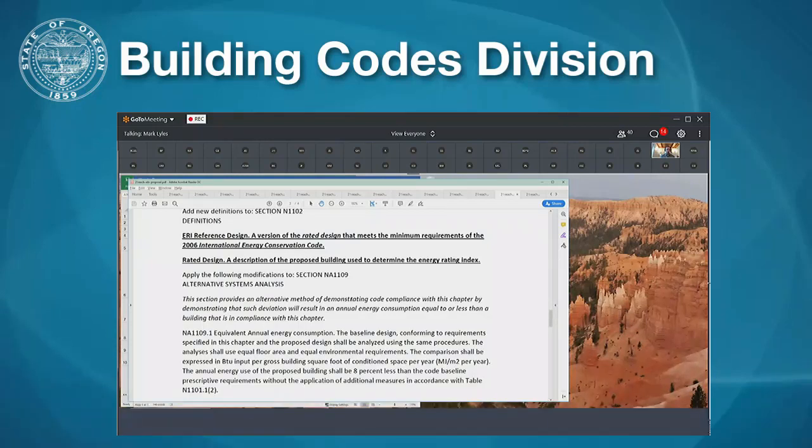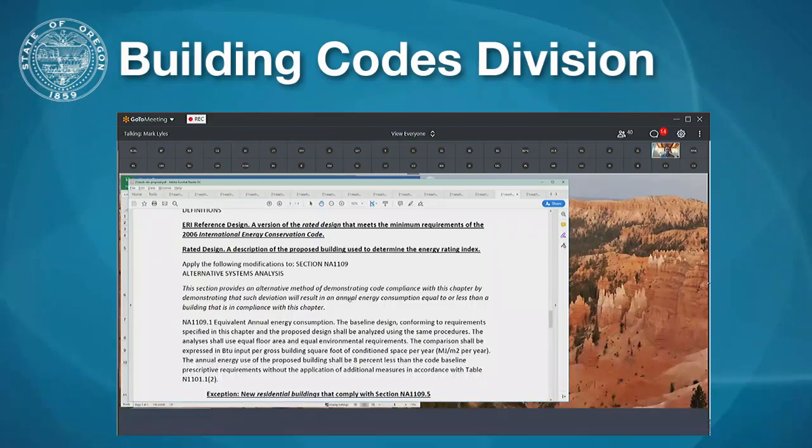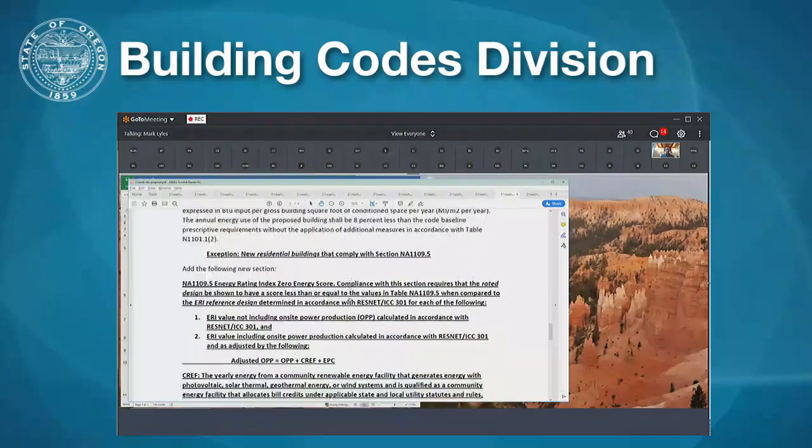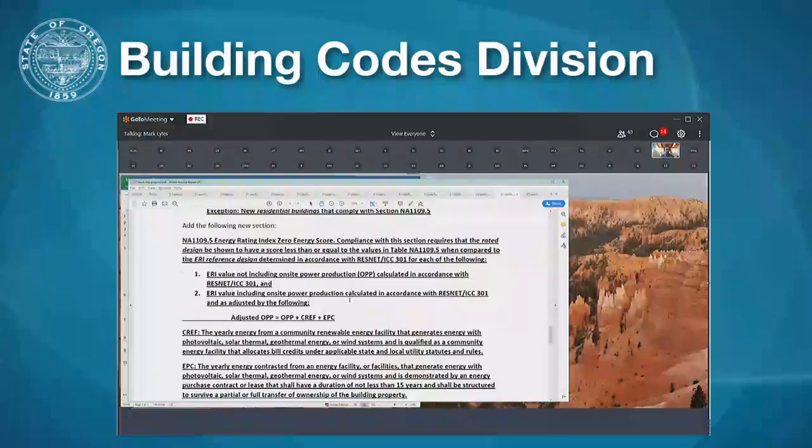For those of you who are not familiar with ERI, it's similar to HERS in some ways, but with some slight differences, and it's supported from a modeling methodology by RESNET 301, which is the modeling standard. I also mentioned that ERI is also used by the ASHRAE residential standard, ASHRAE 90.2.